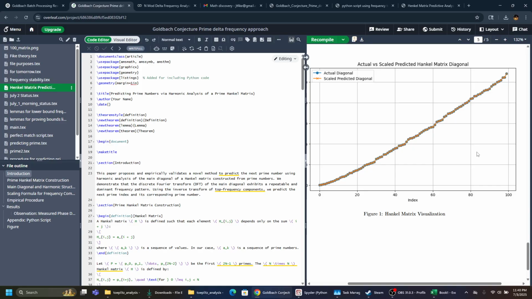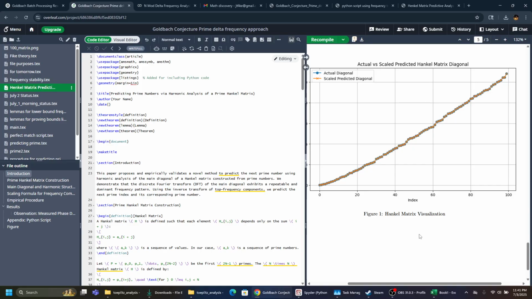And you have to scale the magnitude of those frequencies, right? So using only those frequencies, scaling them, and phase adjusting them, I created a Hankel matrix. And then I created it the old-fashioned way, using known prime numbers that we know about in the universe. And I was able to create a 100 by 100 Hankel matrix that perfectly matched.